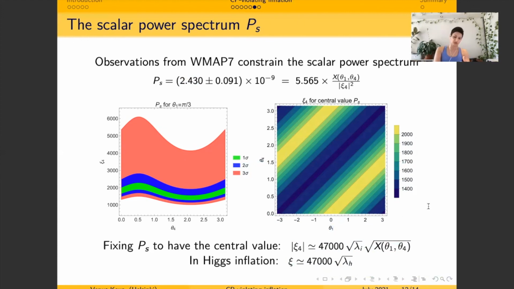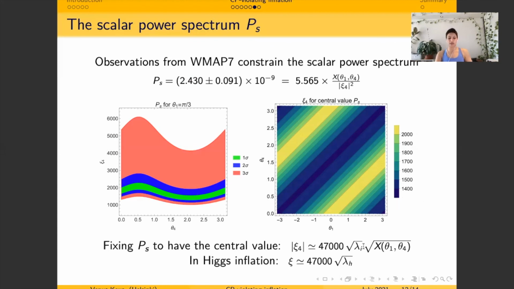So what this model has, which is its winning point against Higgs inflation, is that in Higgs inflation you have this non-minimal coupling to gravity and one coupling from the scalar potential, which forces you to have a very large C to agree with observation. Whereas in this case, first of all, I have an extended scalar potential. Also, I have these CP violating angles. So here I've chosen lambda I of 10 to the minus 3, which is why my C4 values are quite large.